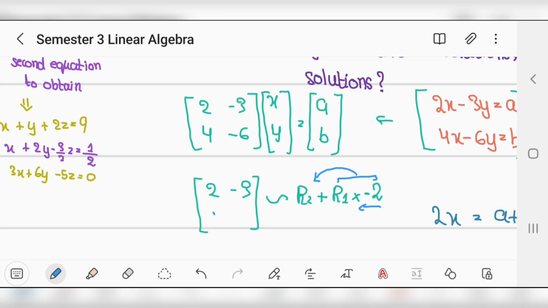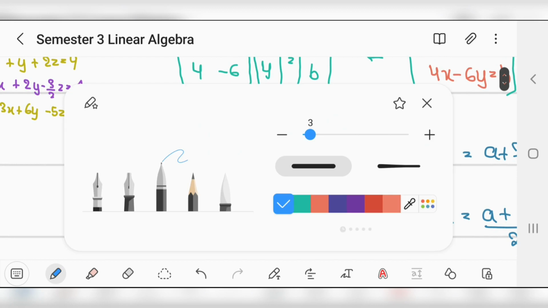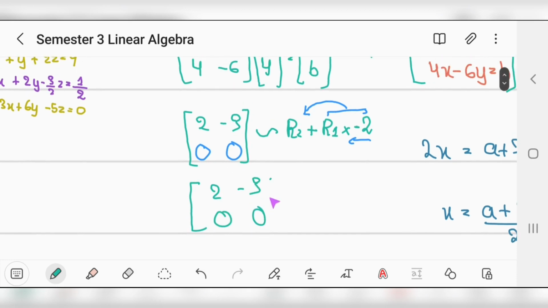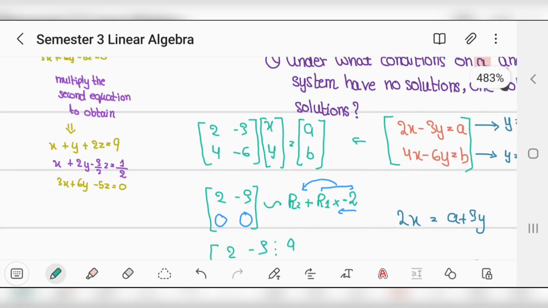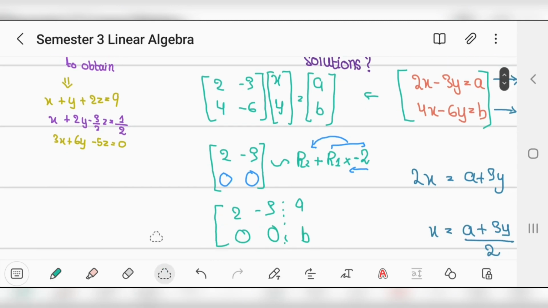so it's going to be 0. Since now it is 0, I have in this form 2, minus 3, 0, 0, and this is A and B. Actually, not only the augmented matrix, but the constants will also be used.